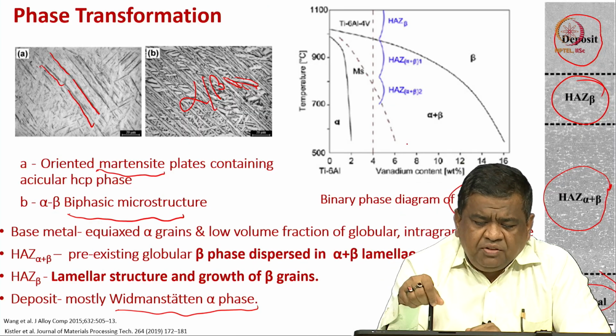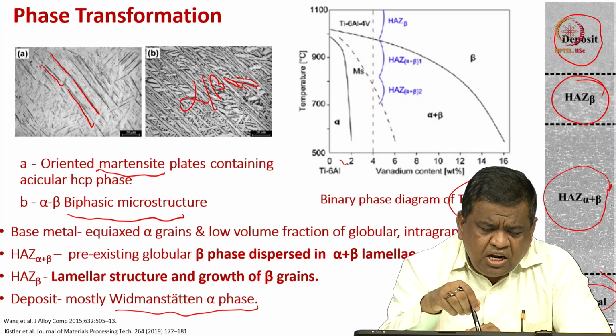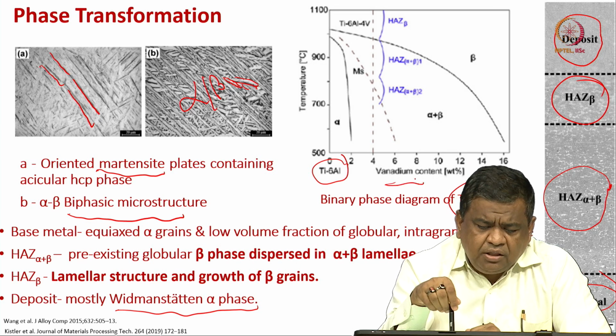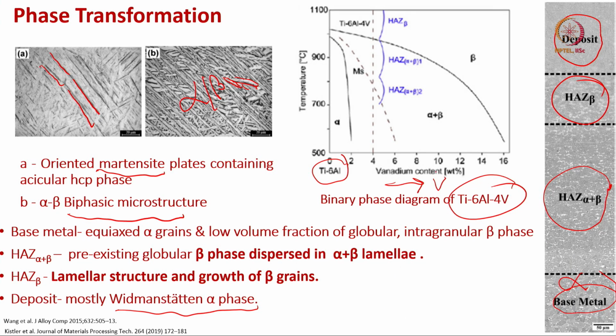So, this is titanium 6 aluminum with the addition of vanadium, and it shows how the different phases evolve with temperature, and how the different phase boundaries evolve. This phase is completely beta phase, this is the dual phase alpha plus beta, and this is the alpha phase.